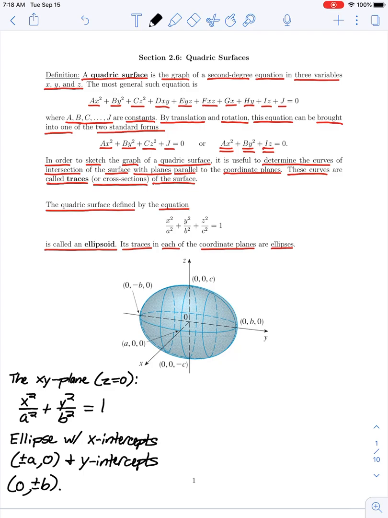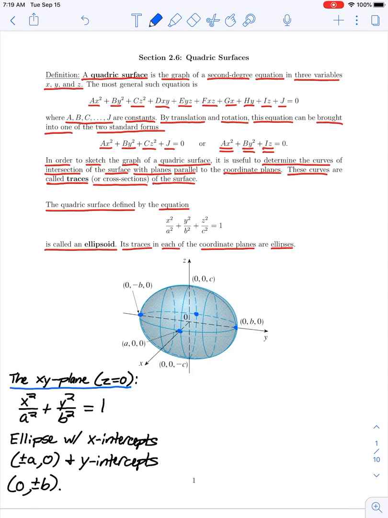So in the xy plane, which is the plane z equals 0, we saw that the intersection of the surface with this plane gives us an ellipse whose x-intercepts are at plus and minus a, 0, and whose y-intercepts are at 0 and plus or minus b.